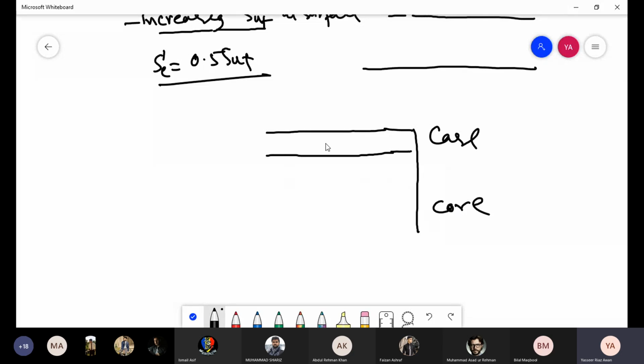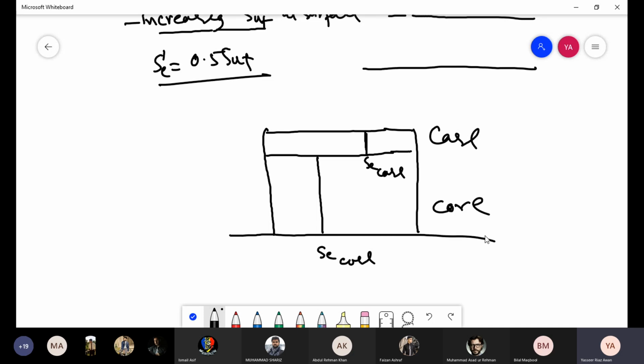The case has a higher carbon concentration, higher ultimate strength, higher endurance limit, whereas the core endurance limit is lower. So you can say this is SE case and this is SE core. And now, once again, in terms of bending stresses, this is the center line.